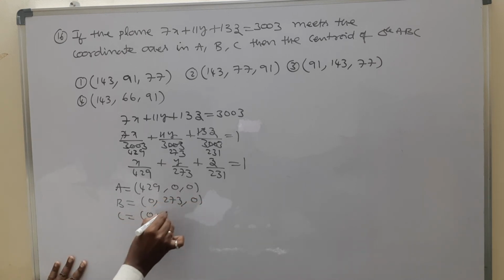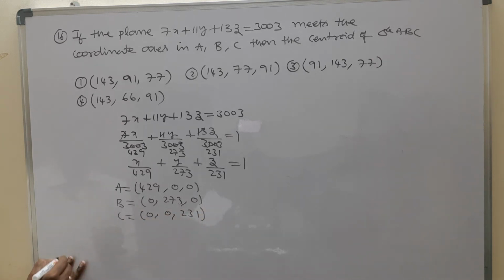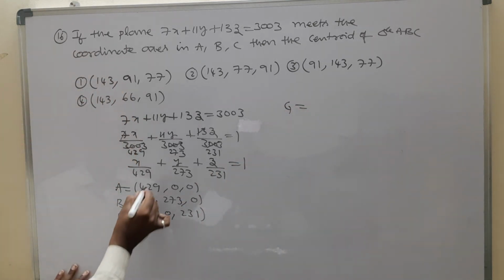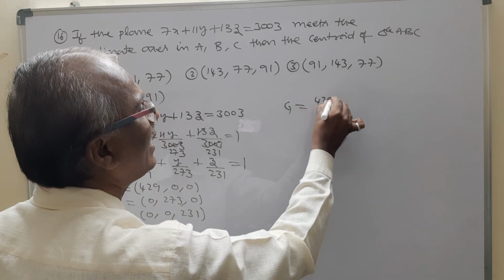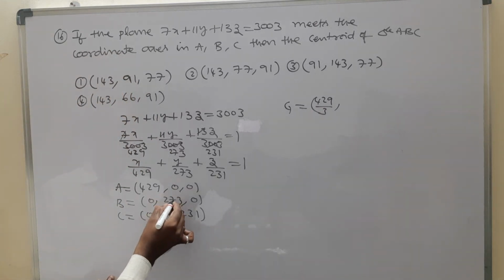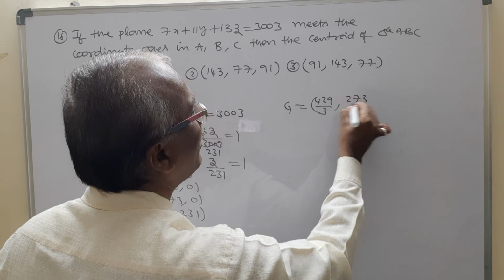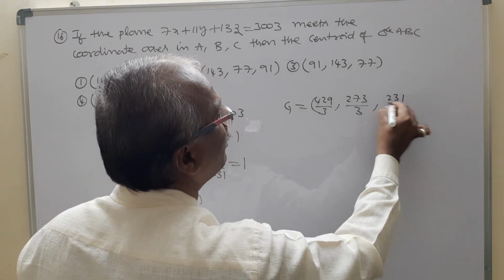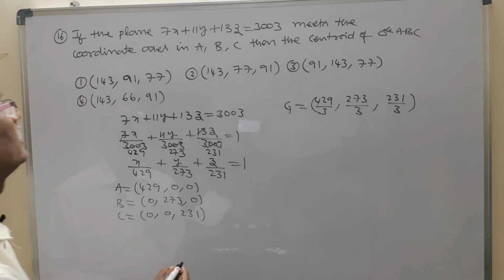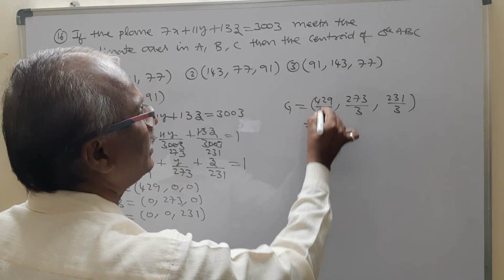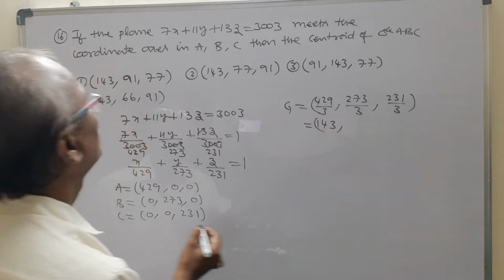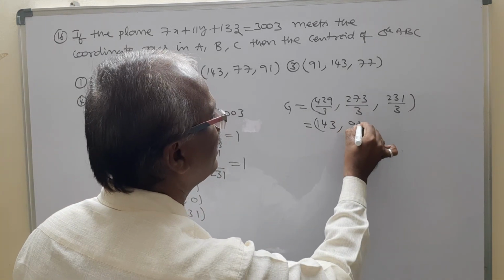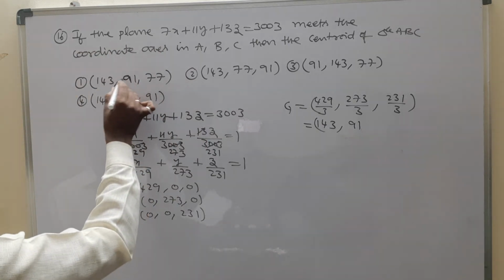Capital C equals (0, 0, 231). Now to find the centroid of triangle ABC, G equals ((x1 + x2 + x3)/3, (y1 + y2 + y3)/3, (z1 + z2 + z3)/3) = (429/3, 273/3, 231/3). Dividing by 3: 429 by 3 gives 143. Next 273 by 3 gives 91.